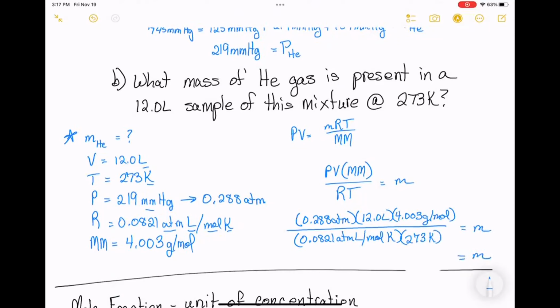And the mass comes out to be 0.617 grams of helium.